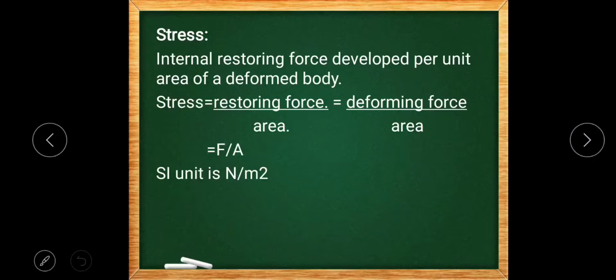So the next topic is stress. It is the internal restoring force developed per unit area of a deformed body. Here, what happens is that when a body is subjected to a deforming force, or an external force is applied to a body, then a restoring force is developed in the body, and in the equilibrium state, this restoring force is equal and opposite to the applied force.